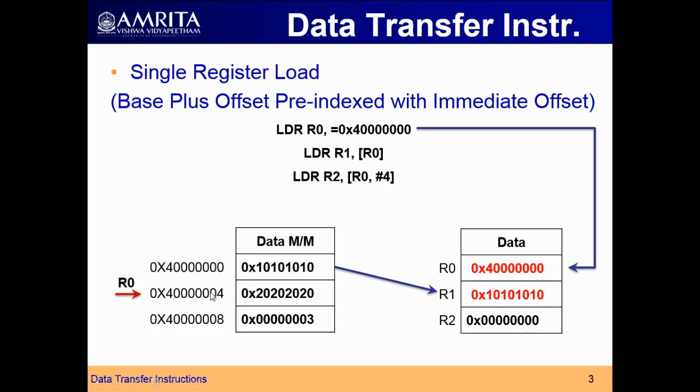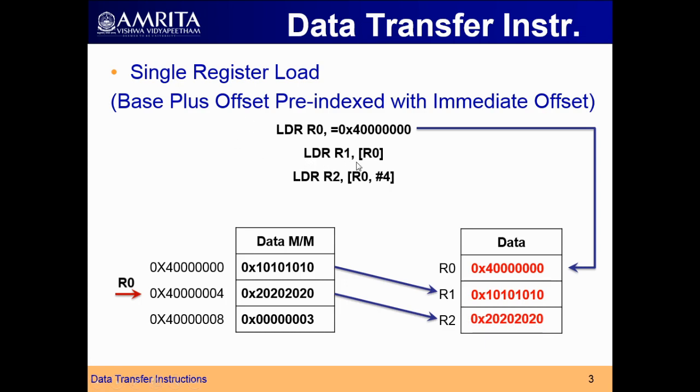The content of this updated address. What is my updated address? 4004. How did I get this? You are adding the base address present in R0 with 4. Right? So my updated pointer address is 4004. And since bracket is there, whatever data is present in this updated address will be moved on to R2. So initially R2 will be having 000. After executing this, what will be the content of R2? 20202020.